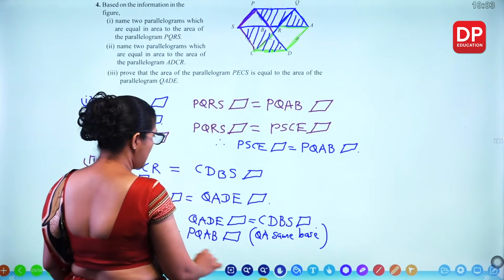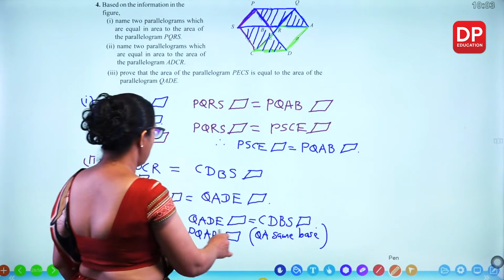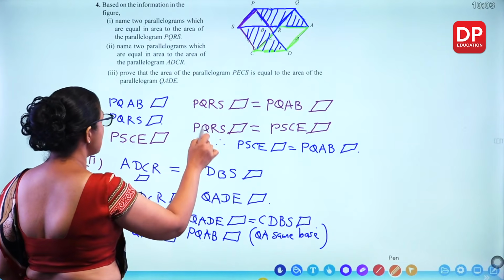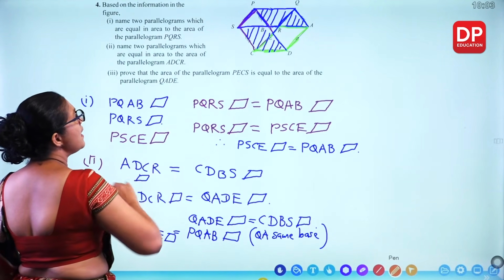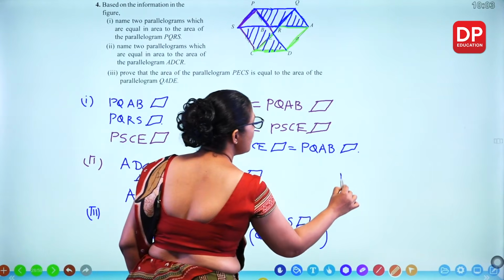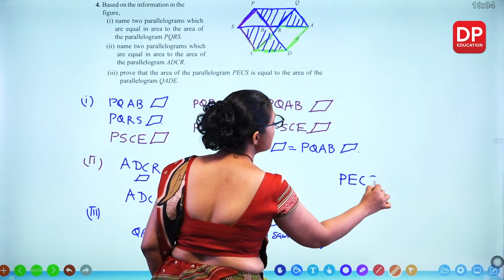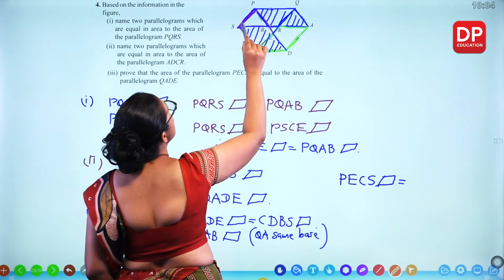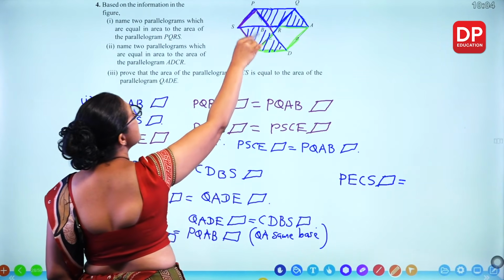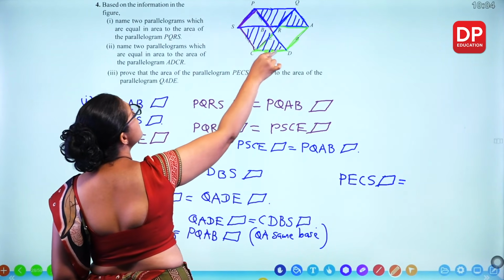And also with this side, this is about QA, this triangle. PECS, when you take the PECS parallelogram, PSCE or PECS, this is same as this one.